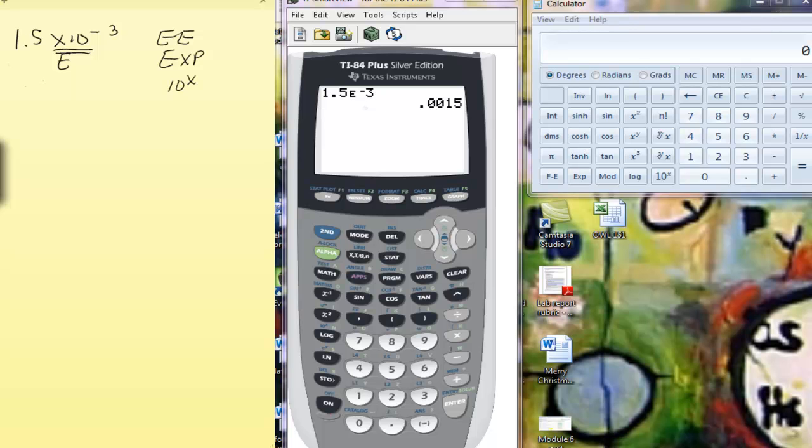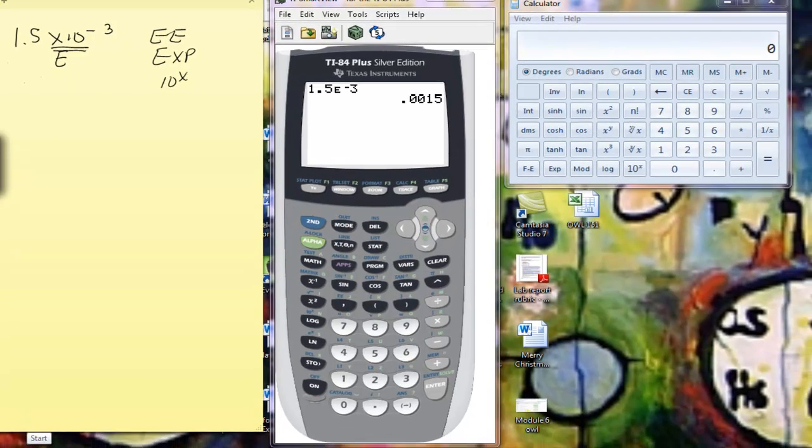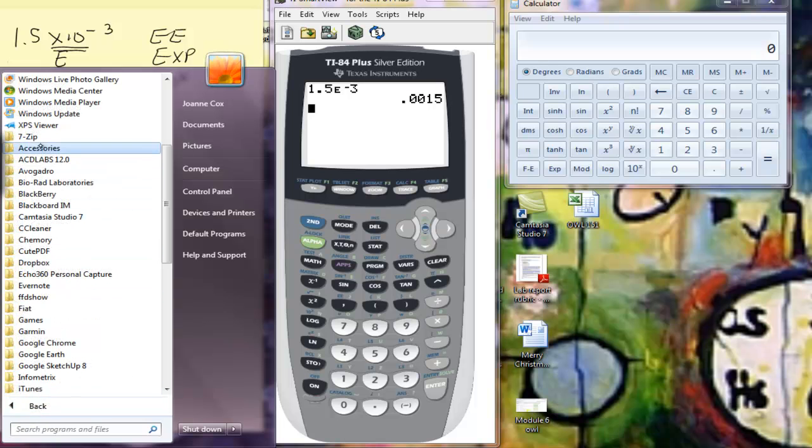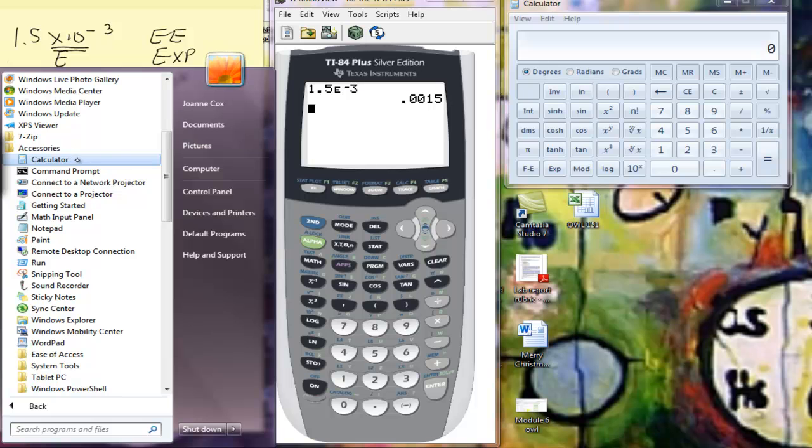Now on a calculator with a plus minus key, you need to input this number a little bit differently. This is the calculator that is on the computer. If you have a Windows-based PC, you should be able to find a calculator in accessories. When you go to all programs and accessories, you should see a calculator pop up.